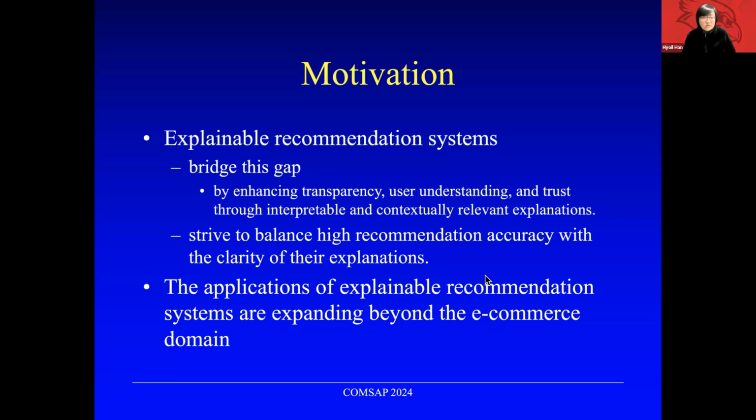We want to strive to balance high recommendation accuracy as well as the clarity of the explanation. Sometimes when we improve the accuracy of a recommendation, we cannot provide a good explanation. So balancing the accuracy and the ease of explanation is very important, and it's not easy to do.